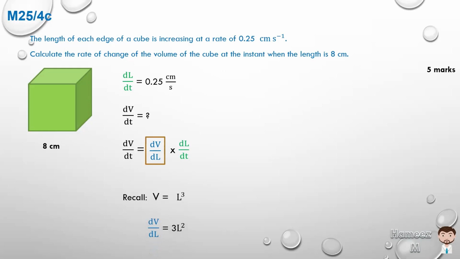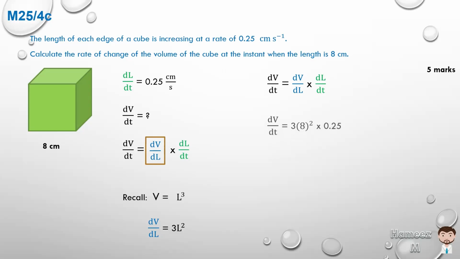So now we can rewrite this equation. dV/dt is equal to dV/dl multiplied by dl/dt. We know dl/dt in the first line, 0.25. We know dV/dl is 3L squared, and L can vary. So if we look back at the second line of the question, at the last it says, at the instant when the length is 8.